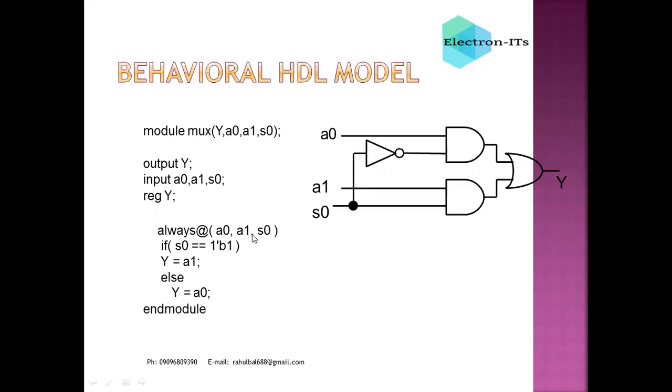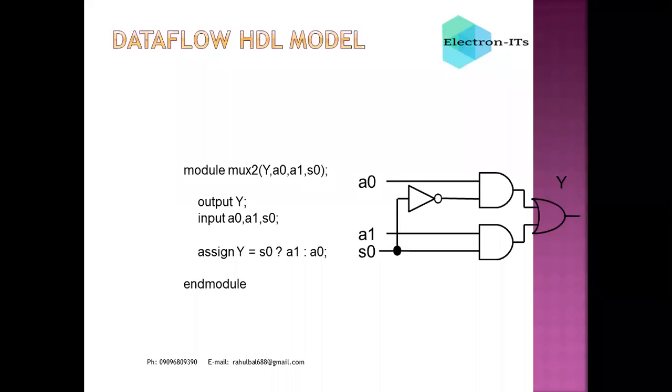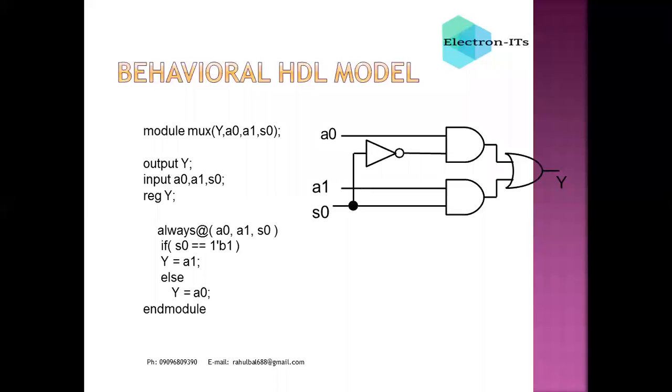So it combines the data flow models along with some sequential elements which we are going to use repeatedly in the code, like always block. So this always block is used for the clock signal.